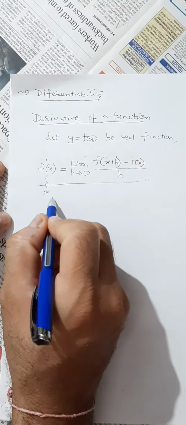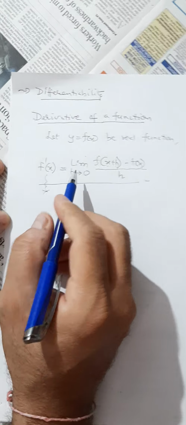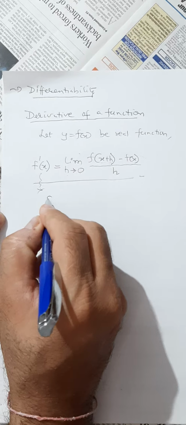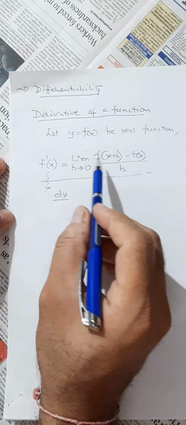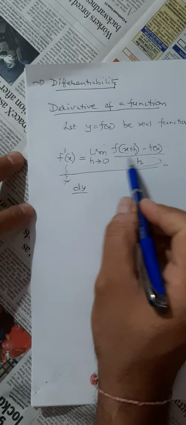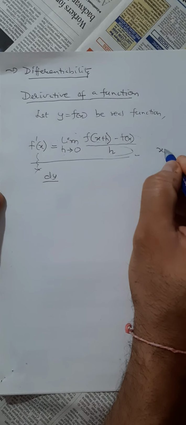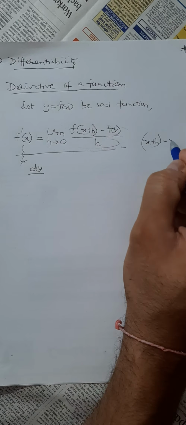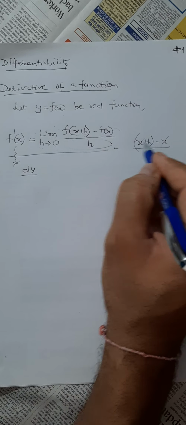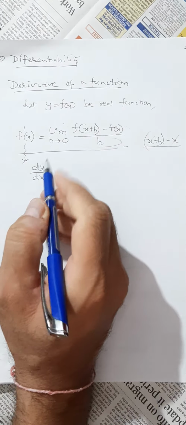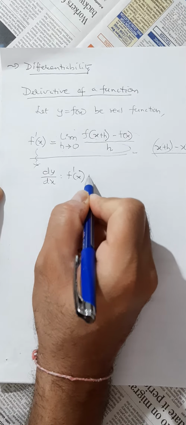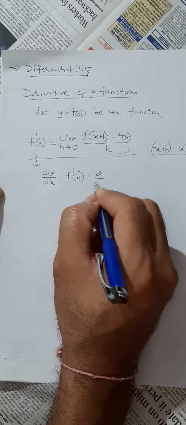This is also denoted by the change in values of f, that is dy, by the change in values of x. This is actually x + h minus x, so this will get cancelled, so upon dx, or it is f'(x), or it is also denoted by d/dx.